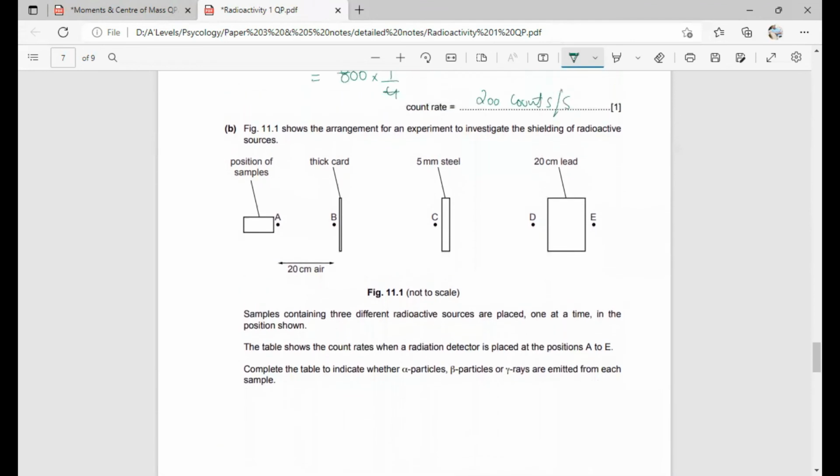Now, figure 1.1 shows the arrangement for an experiment to investigate the shielding of radioactive sources. So the sample contains 3 different radioactive rays.